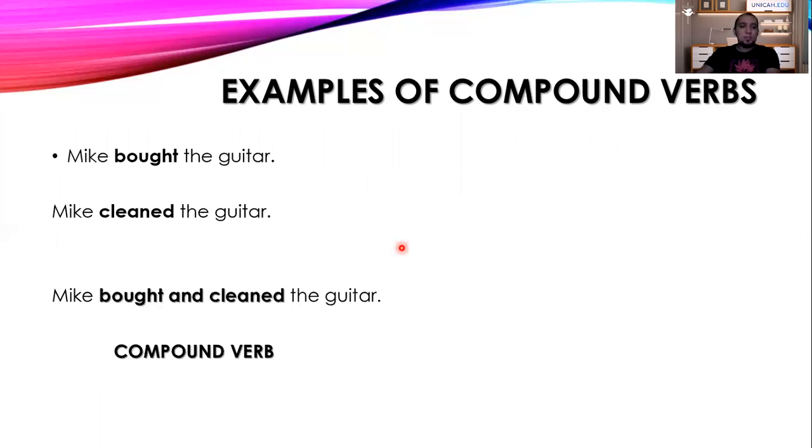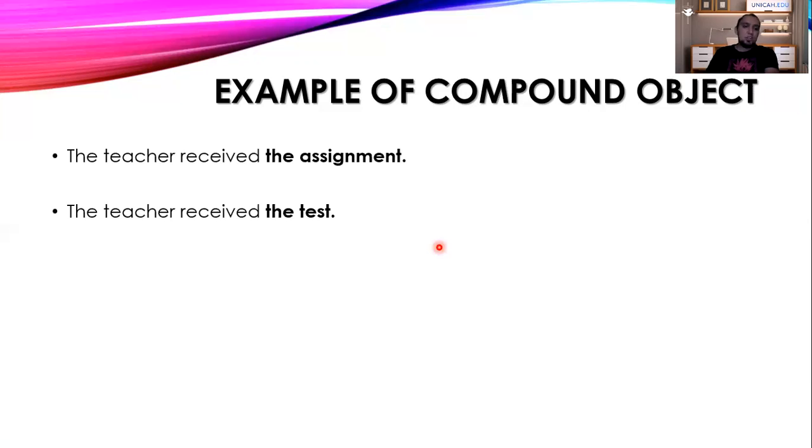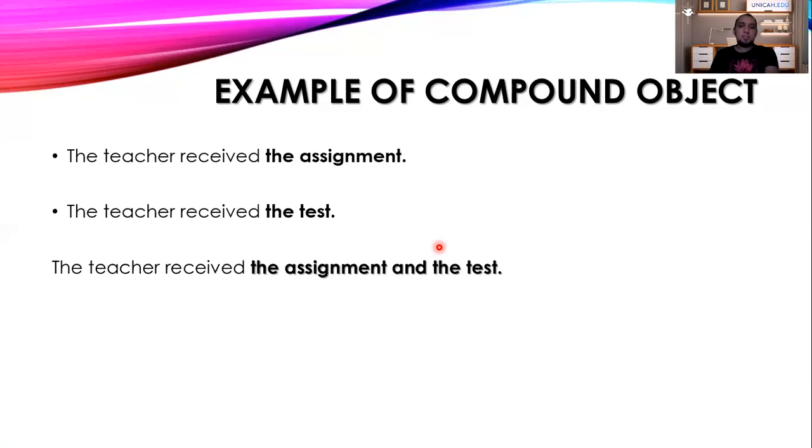So bought and cleaned is an example of a compound verb. Finally, we have the example of compound objects. Remember, the object is the final part of the sentence. The teacher received the assignment. The teacher received the test. Combined, we have the teacher received the assignment and the test. And this is an example of compound objects. Okay, this is the easiest part of the topic.